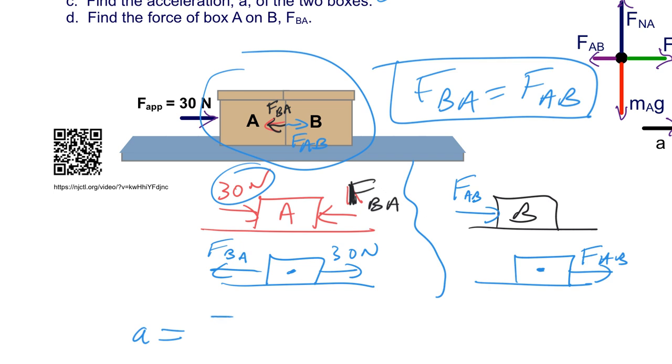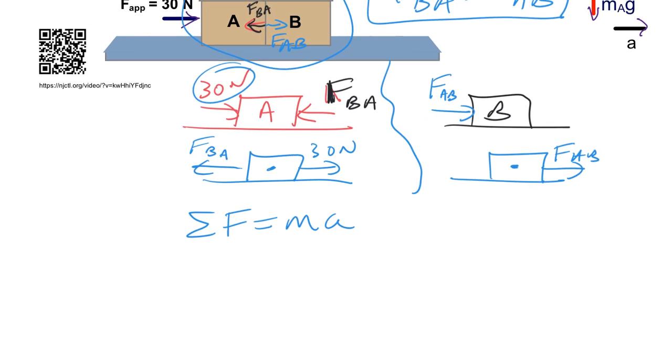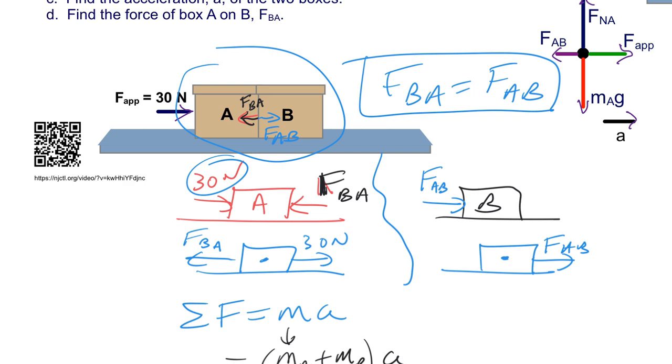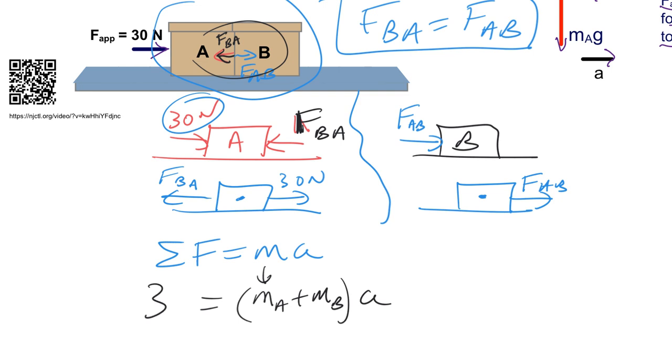Let's do it this way. Net force equals MA. This is equal to the total mass of the system, mass of A plus mass of B, times acceleration. And for net force, there's only one force because these two guys cancel out. That's 30.